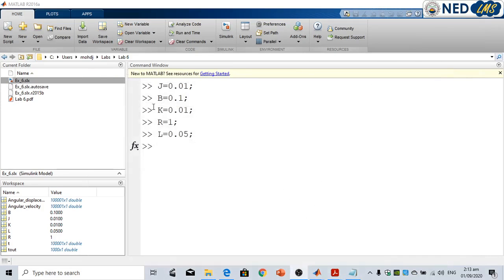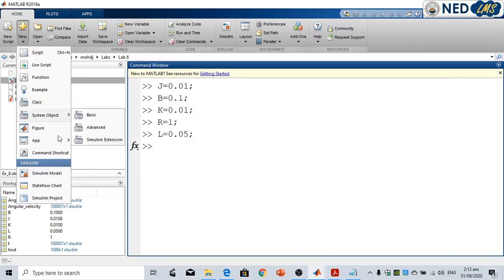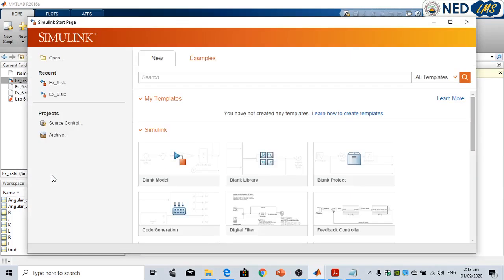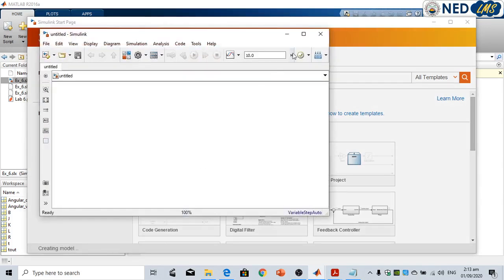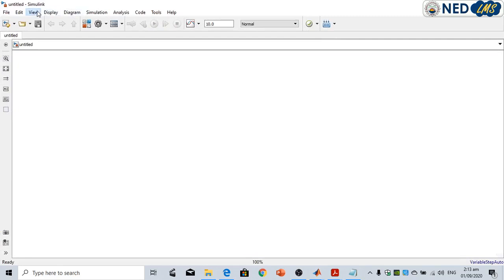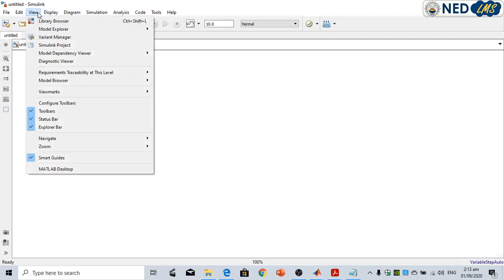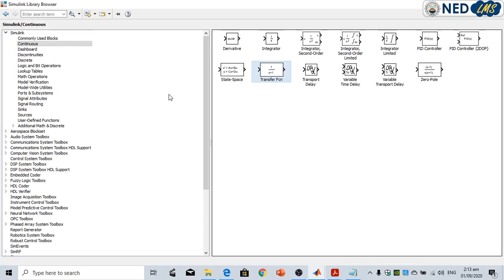First of all, plug in MATLAB, then open Simulink model. In this page, open blank model, then in view option, open the library browser.